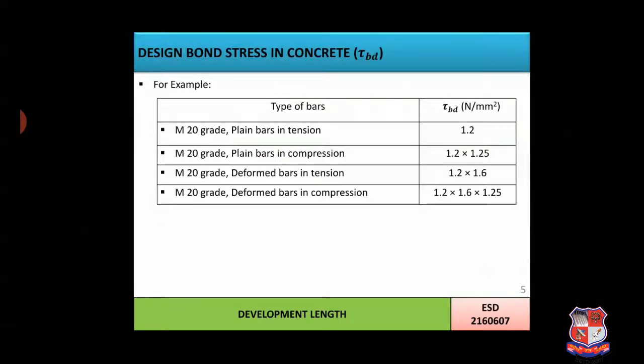So first of all the value of τbd is 1.2, and as the bar is plain and in tension we can directly use the value of the table. Second example, M20 grade plain bar in compression. The value for M20 is 1.2, bar is plain so there is no problem with the table value.